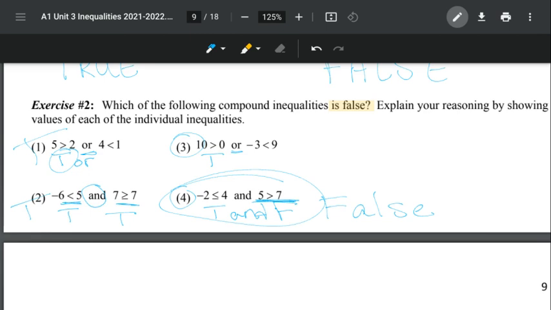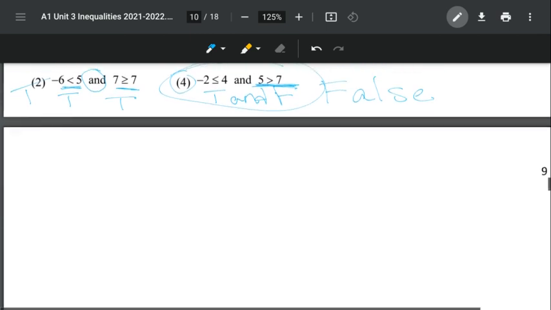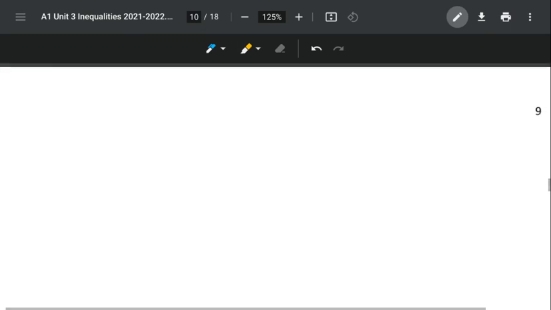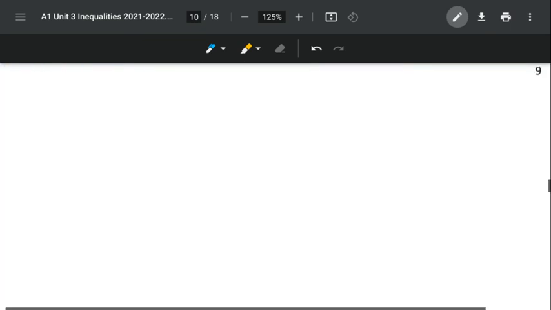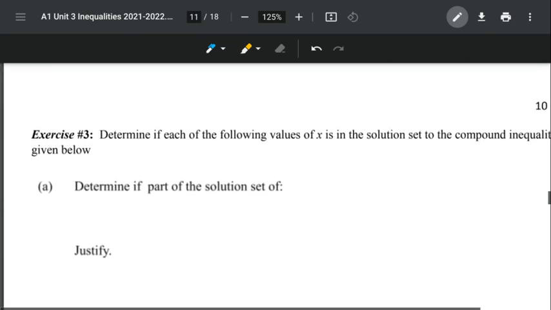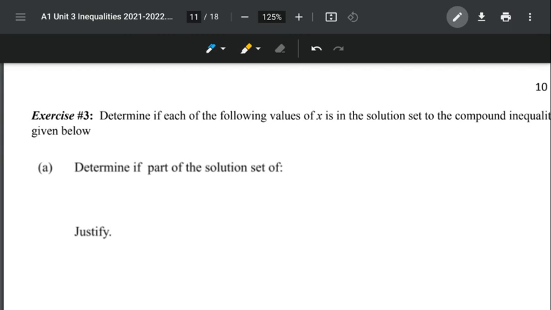So for exercise 2, we were just comparing numbers. Now, I lost my problem. Here's page 9, but there's nothing on there yet. This is page 9 on my file. It says page 10.